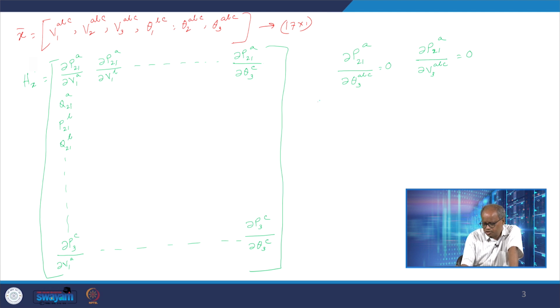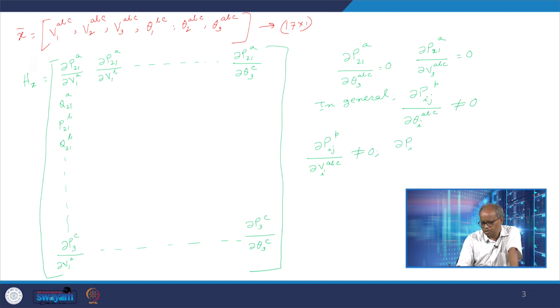So then therefore, in general, del Pijp by del theta IABC would be non-zero, right? And del Pijp by del VIABC would be non-zero.